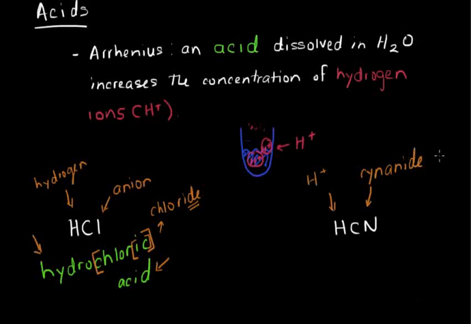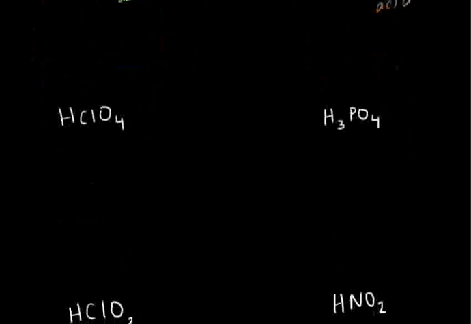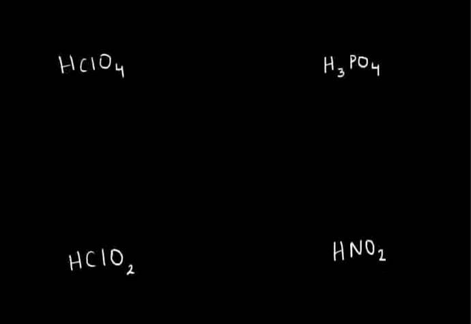And again, cyanide ends in ide, and so we can apply the same rules. We're going to add a hydro to the beginning, and we're going to change the ending to ic. So this is hydrocyanic acid. Simple enough.